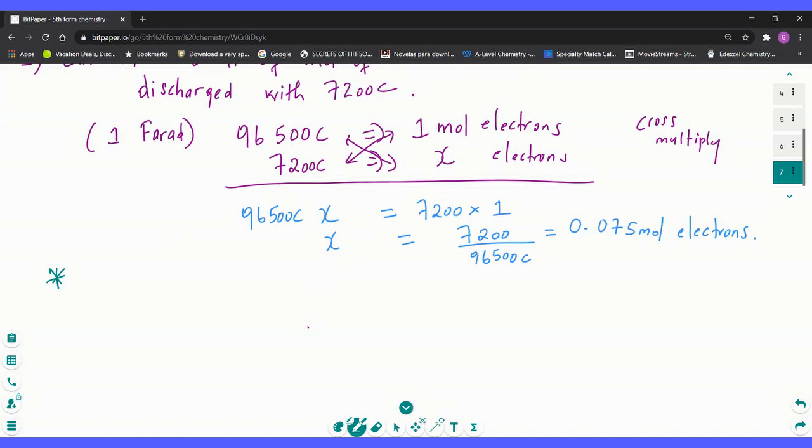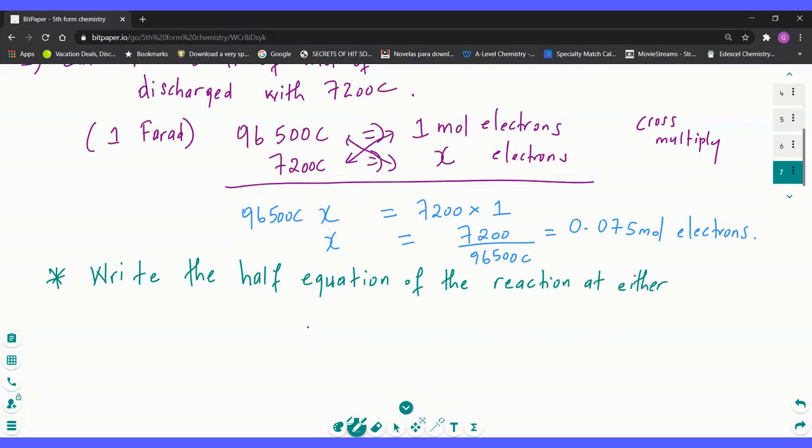Now the next part of the puzzle is that you write the half equation of the reaction at either the anode or the cathode.